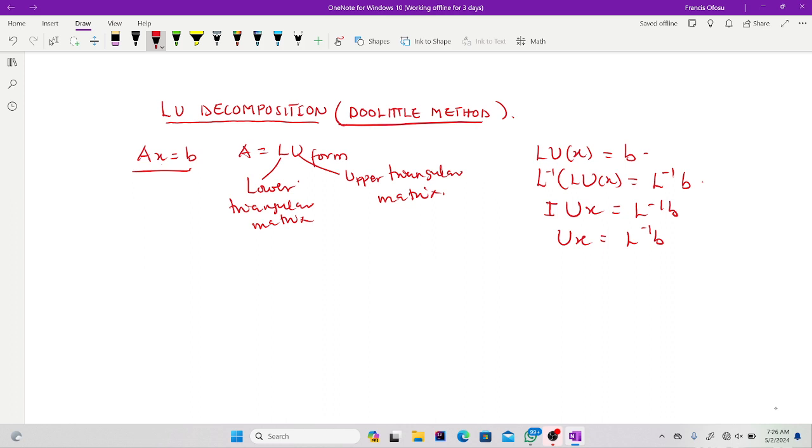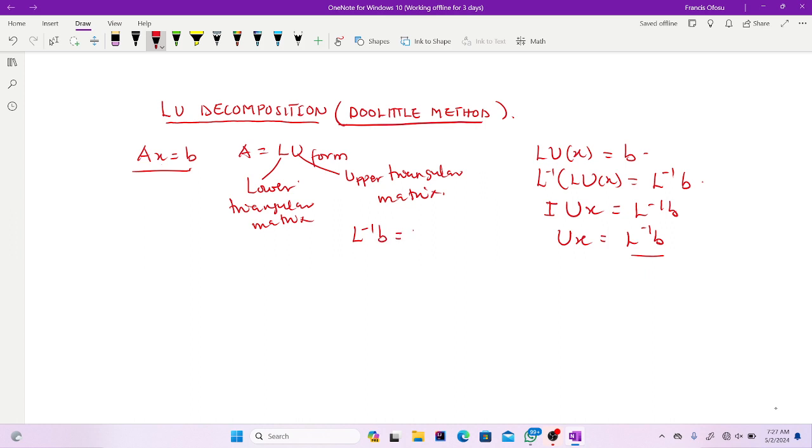So at this point, the only thing you do is you make this part equal to a certain unknown matrix. Okay, so we know that this b that we have here is a 3 by 1 matrix, and you're multiplying that with a 3 by 3 matrix here. So we are going to have L inverse b.